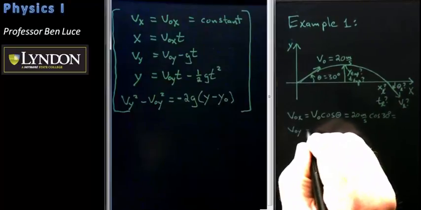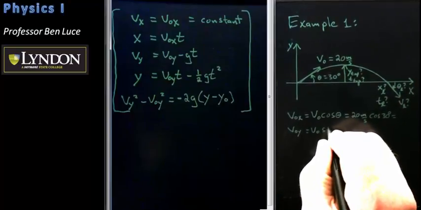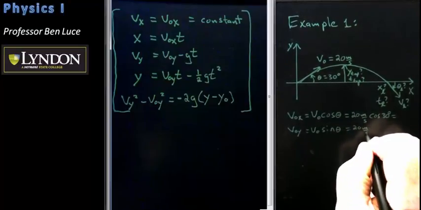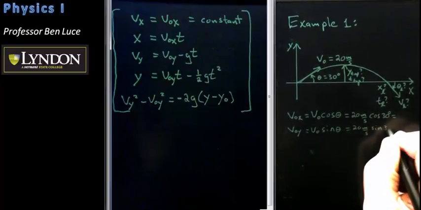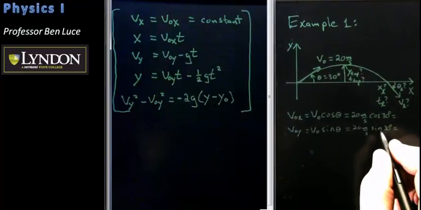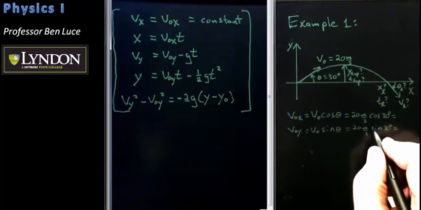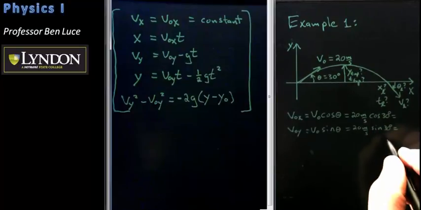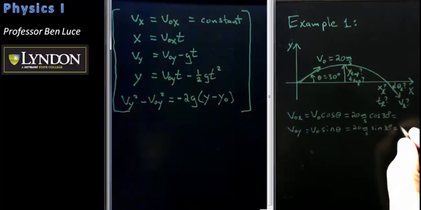V naught y will be V naught sine theta, or 20 meters per second times the sine of 30. This one we can do right away. Sine of 30 is 1/2, so we're just going to get 10 meters per second. And let's write down everything to at least 3 sig figs.